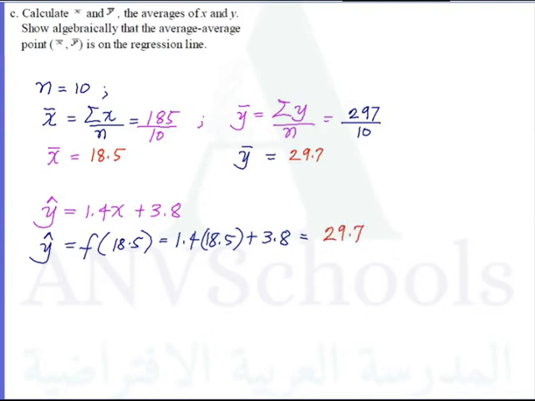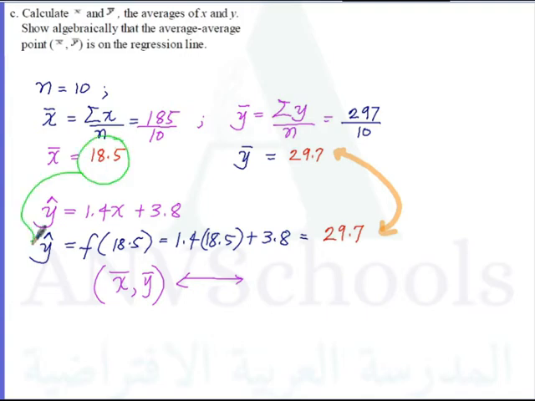So as you could see, the x mean and y mean is on this regression line, because substituting the mean 18.5 into the given regression line gives us the value of our mean for y, 29.7. So the x average and y average therefore exist on the regression line.